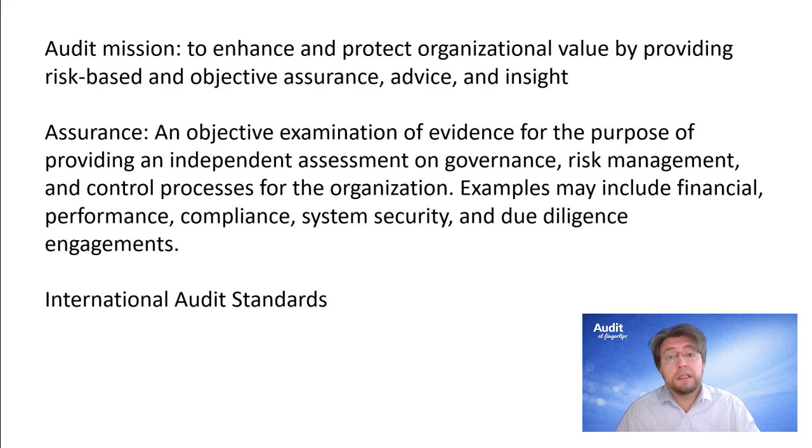And assurance is an audit opinion which we give about the effectiveness of the control environment, its ability to mitigate the risks. And this is what we do during the audit. We review the processes, we review the controls, we review the evidence, and finally we end up with an opinion.